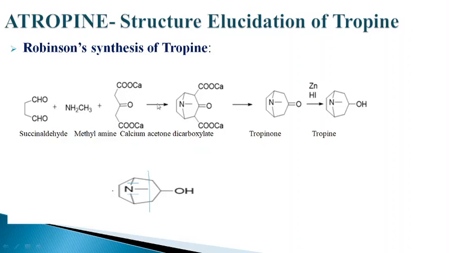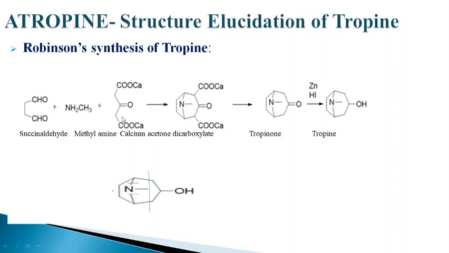He took this compound instead of acetone to increase the yield of tropine, because you can see the carbonyl group is flanked by two reactive methylene groups, and these reactive methylene groups are joined by the carboxylic groups, rendering it more effective.